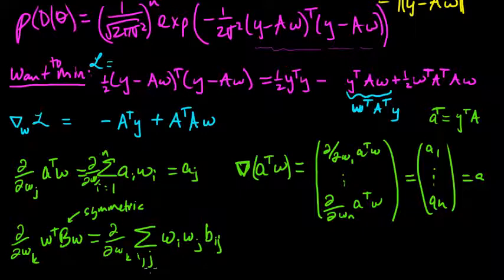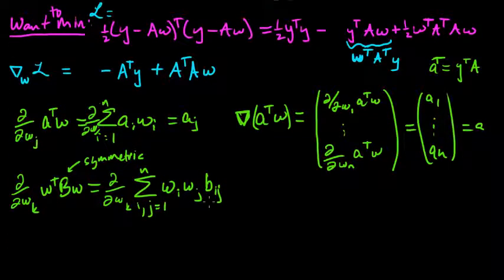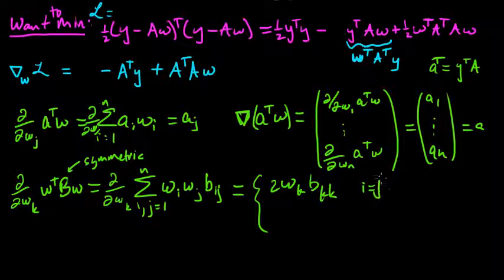So we have this sum over all I and J from 1 to N. And if you take the partial derivative of this with respect to WK, when I and J are equal to K, it's going to be WK squared, and so you'll get 2 WK BKK when I equals J equals K. And if neither of them equals K, then it's just 0, and if only one of them equals K, that occurs exactly twice.